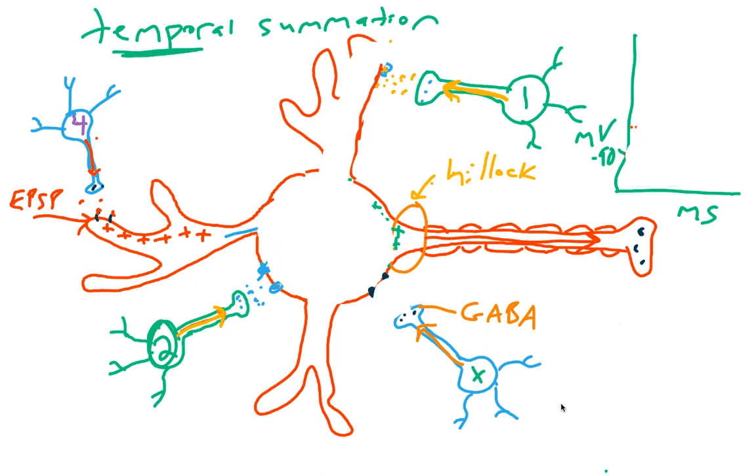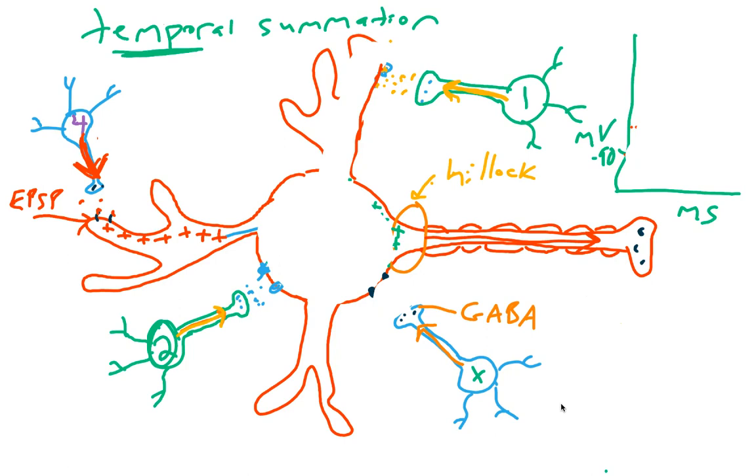So in contrast, what we're going to see is that this cell can fire multiple times now. So it now fires one action potential and a second action potential and a third action potential and a fourth.